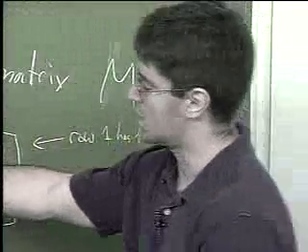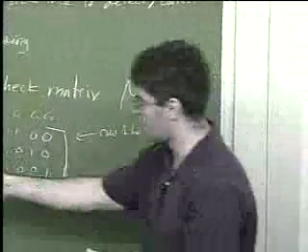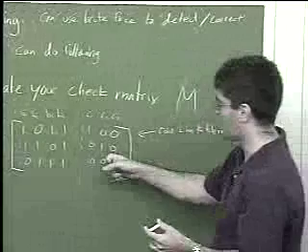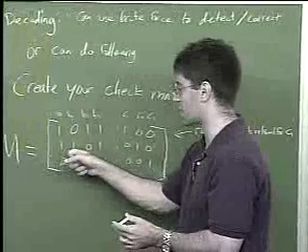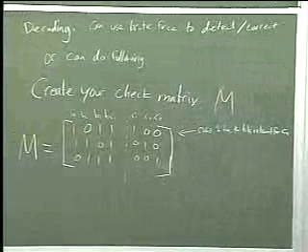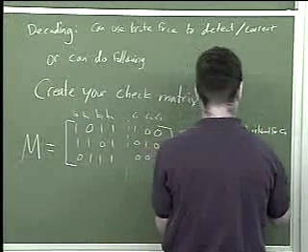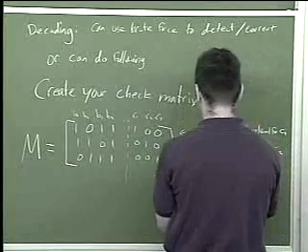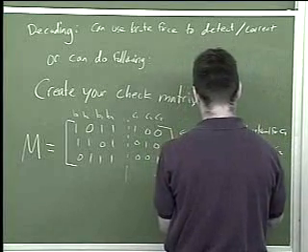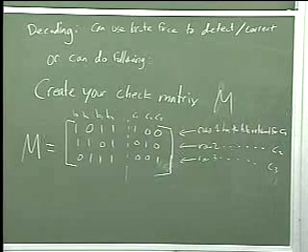So C1 is B1 XOR B3 XOR B4. Okay, and similarly, the second row is what's relevant for code word 2. C2 is B1 XOR B2 XOR B4. Okay? So row 2 is bits relevant for C2, and row 3 has bits relevant for C3.